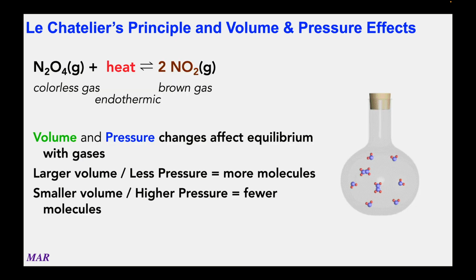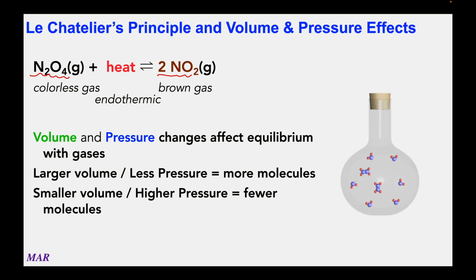If your chemical reaction involves all gases, it's very important to think about the relative numbers of gas molecules on each side. So for the N2O4 going to NO2, you can see you've got one molecule of N2O4 going to two molecules of NO2. So there's more gas on the product side than on the reactant side.